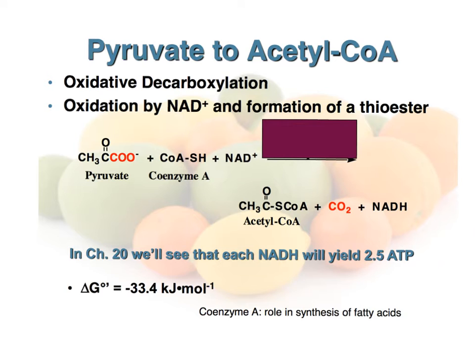Ultimately, you're going to get acetyl-CoA, you get carbon dioxide, and you get an NADH. Each NADH could ultimately make up to 2.5 ATP, depending upon the location it came from. And we're going to find out that coenzyme A has a lot to do in both the breakdown and the synthesis of fatty acids.